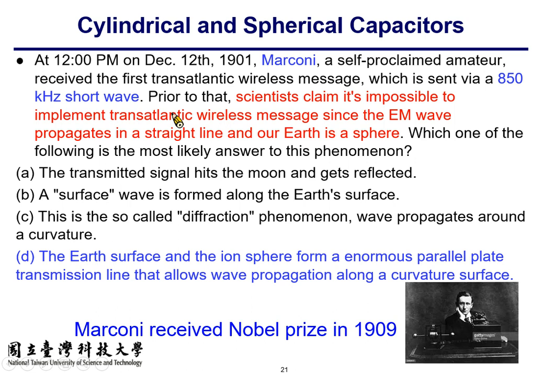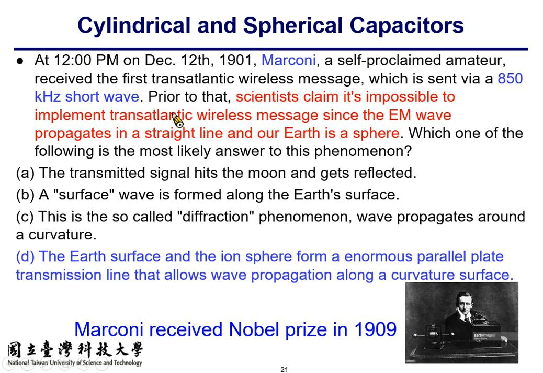Prior to that, scientists claimed it was impossible to implement transatlantic wireless messages. Because what? Because electromagnetic waves, similar to light, go in straight lines, right? Yes, that's correct. An electromagnetic wave without external perturbance goes straight.